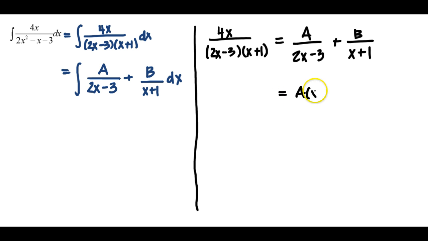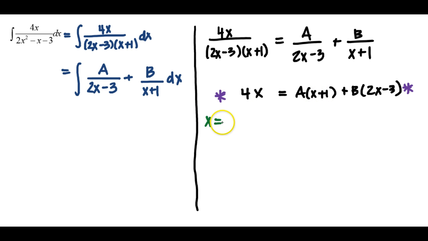So we need a times x plus 1 plus b times 2x minus 3 to equal the numerator on the left, 4x. And so again, we're only concerned with the numerator, so this is the equation that we're now focusing on. And we need to substitute in those values that will get rid of a and b individually.